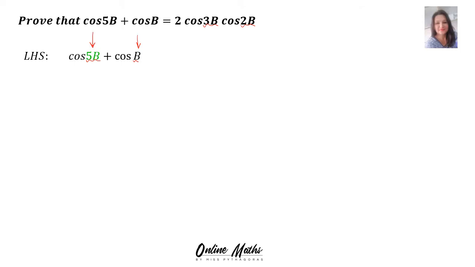So do you agree? 5b is the same as 3b plus 2b. So I wrote the 5b as a compound angle for cos. And then the cos b I can also write in terms of 3b and 2b. We can say that 3b minus 2b is just b.